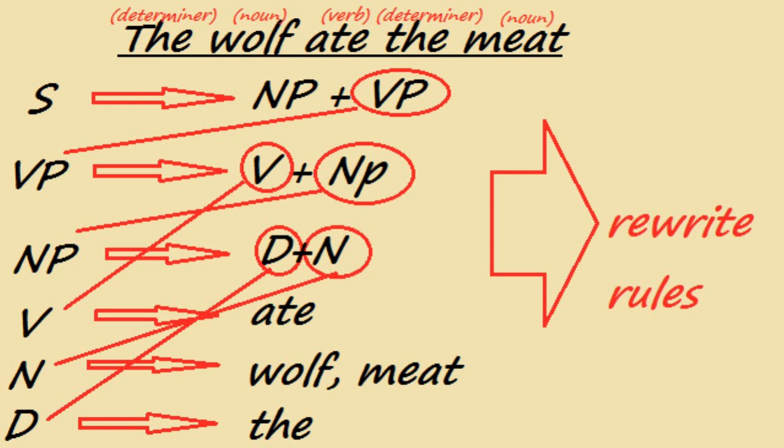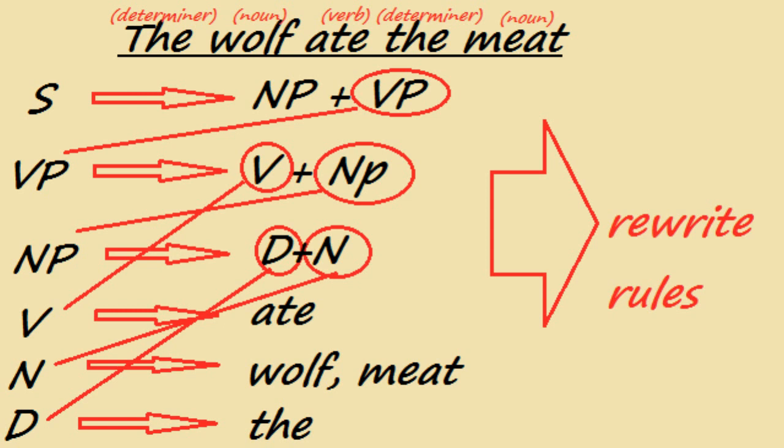In order to analyze this according to the rewrite rules, not ordered rules, we start with an S that represents the sentence, the wolf ate the meat. We draw an arrow. The sentence has what? It has a noun phrase, that is the wolf, and a verb phrase, that is ate the meat.